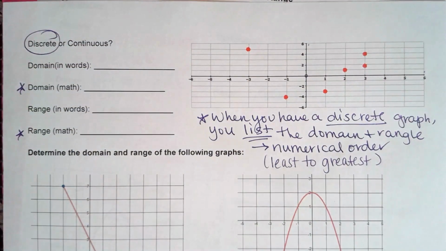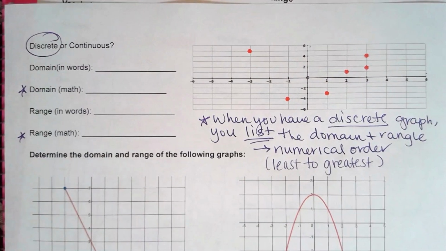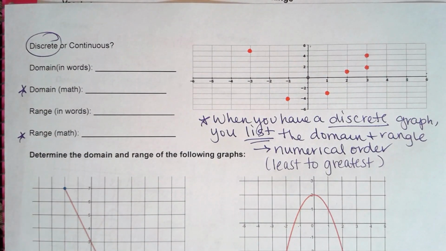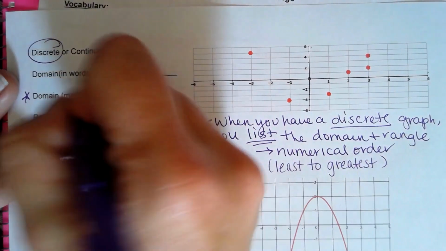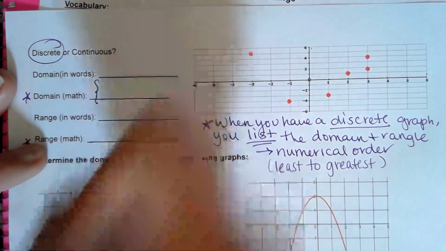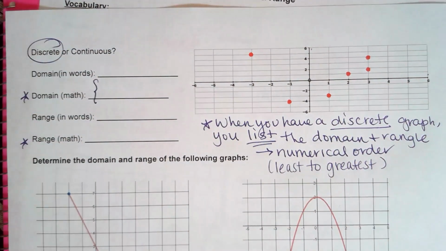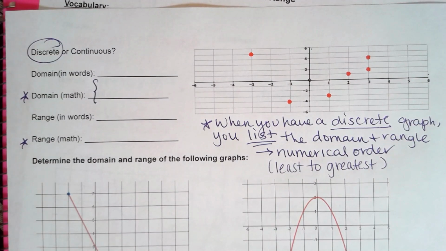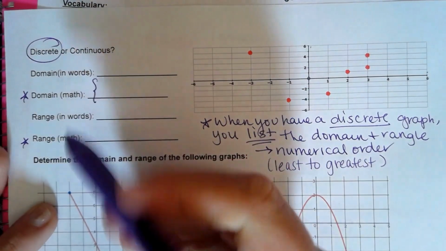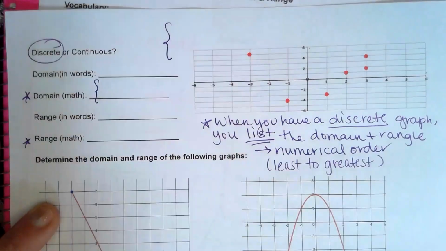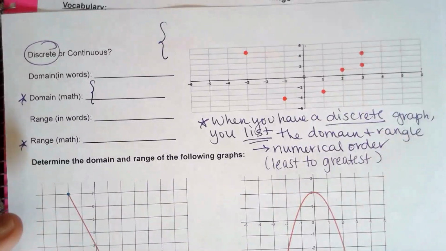Okay, so we don't need to describe this in words because our description in words is going to turn out to be just like our math, okay? So how you do it is, it's kind of like a bracket, but it's like a squiggly bracket. If you can't do it, don't worry. Just don't use parentheses. Parentheses would be like an ordered pair, so you don't want to use parentheses. You want to try and make that squiggly. Looks like that, okay? Squiggly.